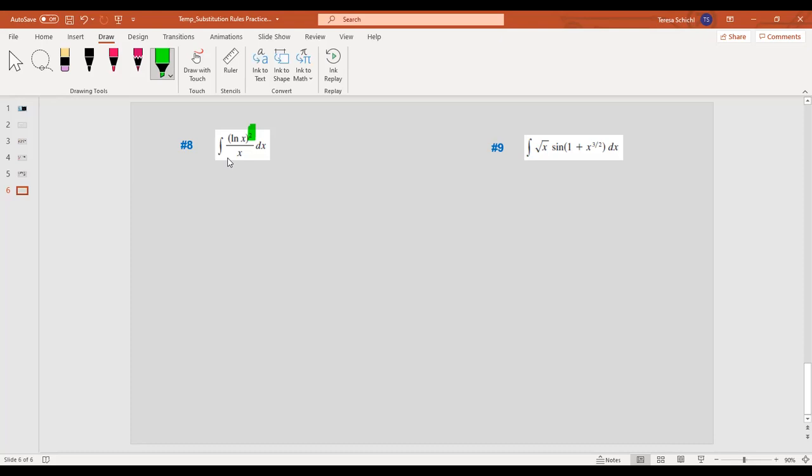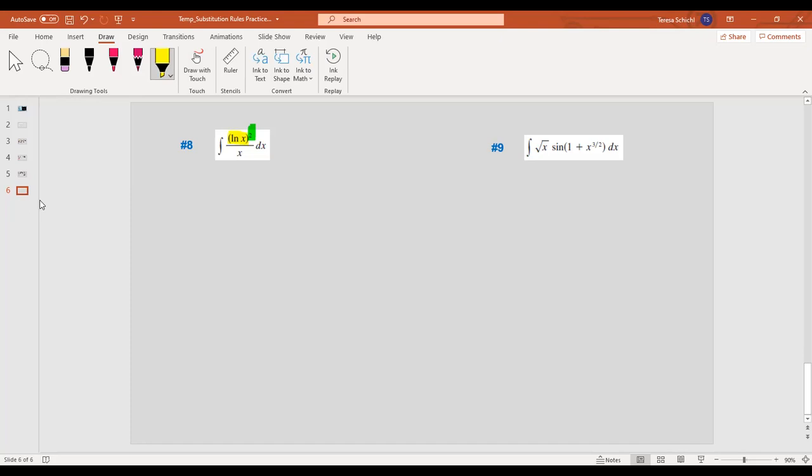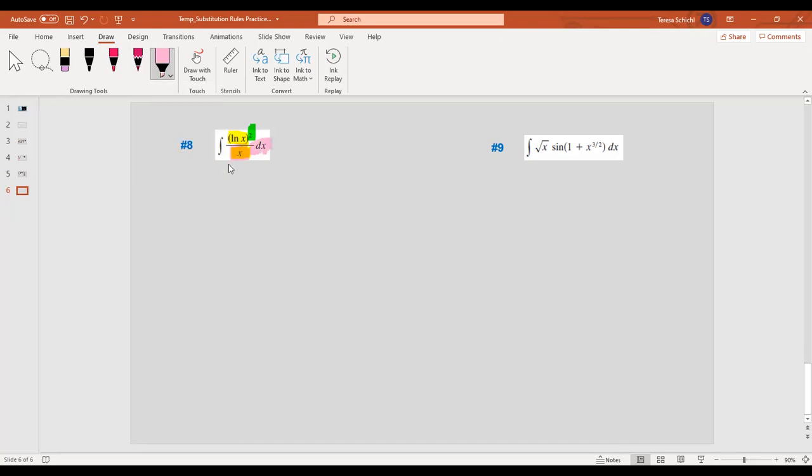So I can use the power rule. If this is my function, then maybe I can use the natural log x as my u. Then what is the leftover? The leftover is 1 over x dx here.